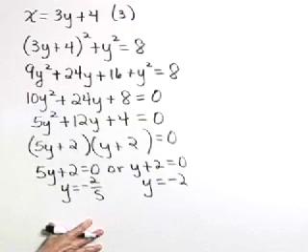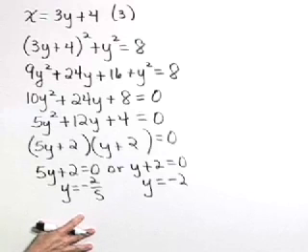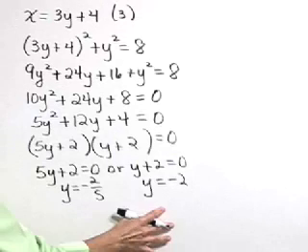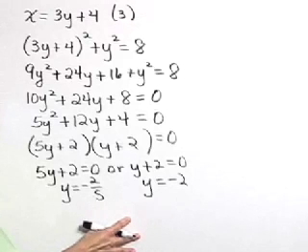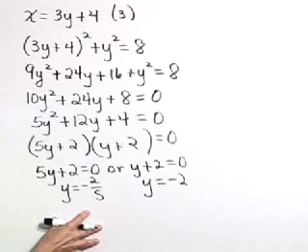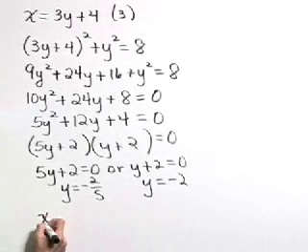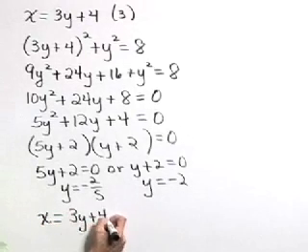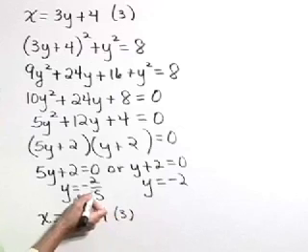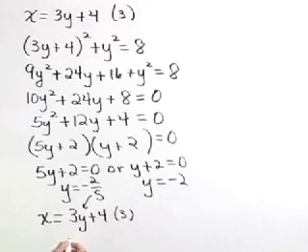Now, we're looking for 2 points of intersection then, and we've got the y values for those points of intersection. Let's determine the x values. I'm going to do that by substituting these y values back into equation 3, which is x equals 3y plus 4. Let's substitute y in there.